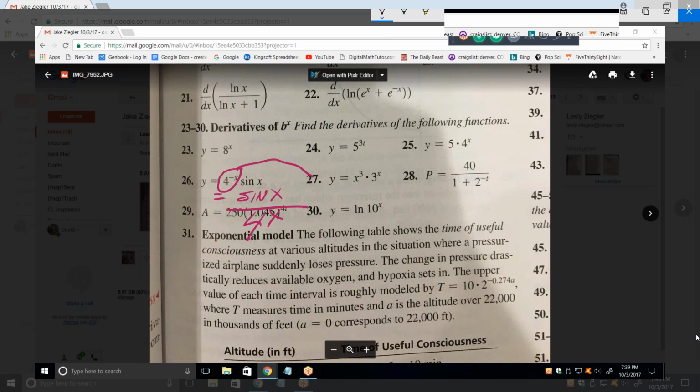I could apply the chain rule to that. Let's just look at that. If I had y equal 4 to the minus x, and I say, well, y prime must be equal to 4 to the minus x times the natural log of 4 times the derivative of the inside, which is minus 1.